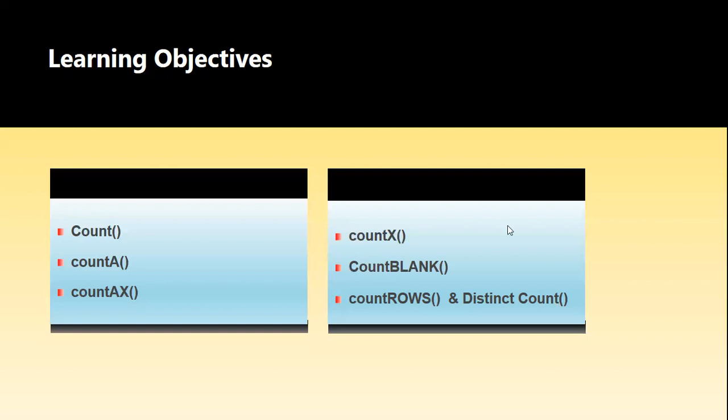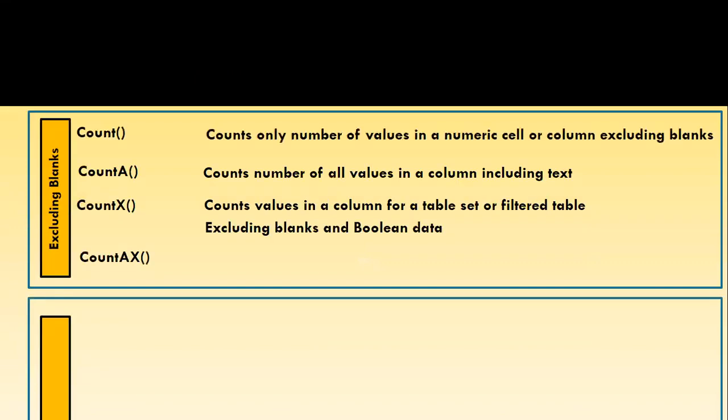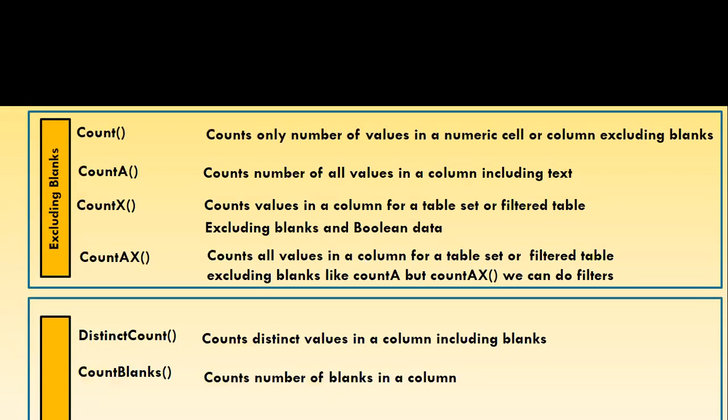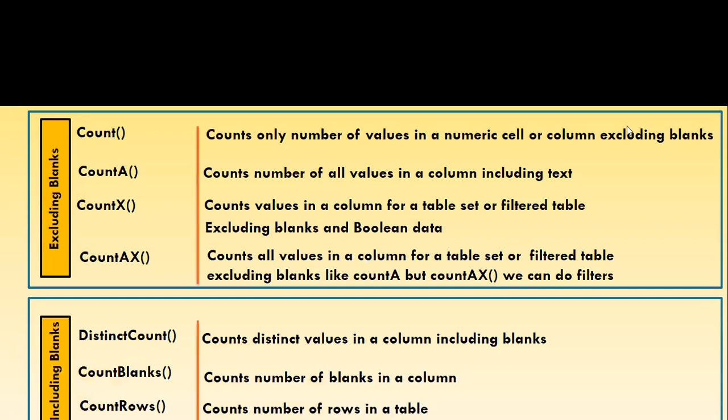So it is highly important. Once again, the count function and the countA function are the functions that are available in DAX. To simplify your job, I grouped the count functions under two different groups: including blanks and excluding blanks.